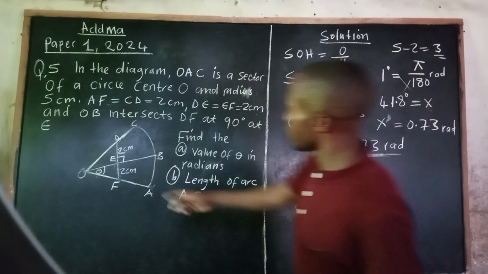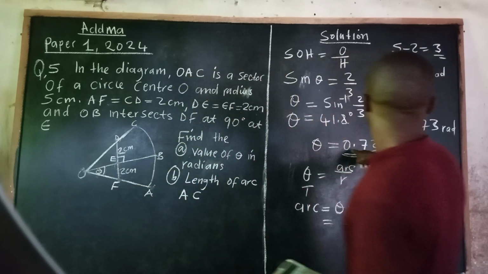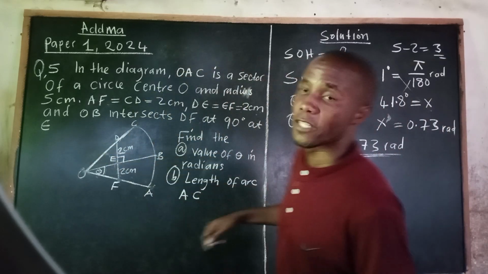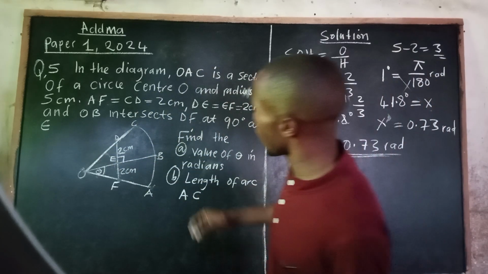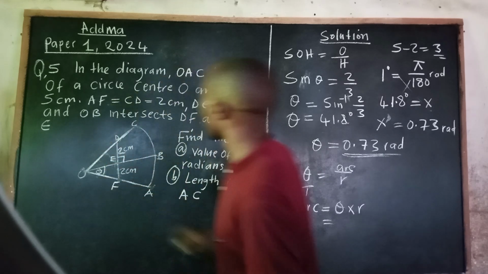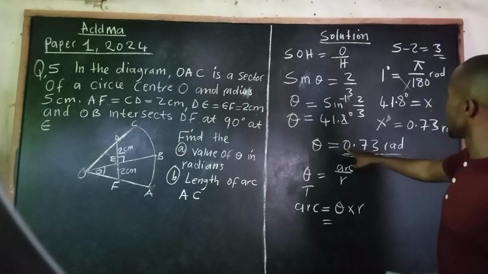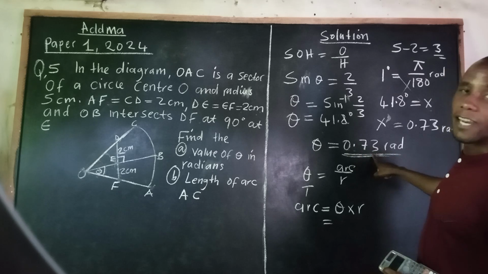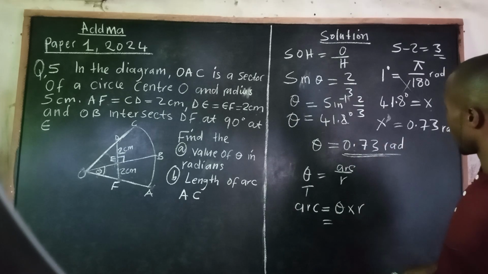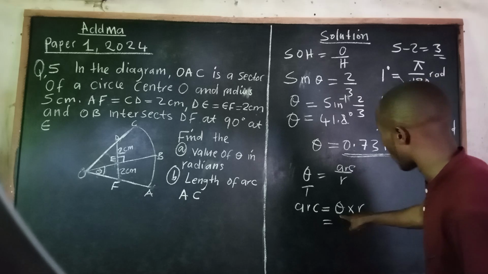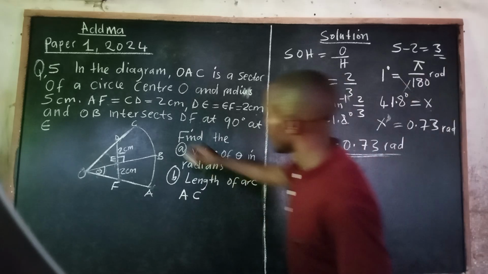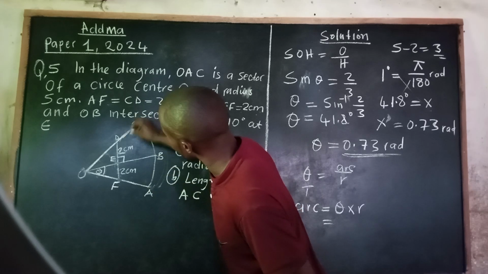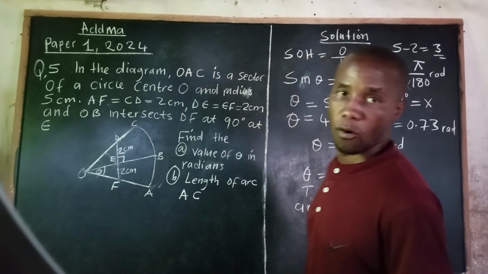So if here we have 0.73, this other one is also 0.73. So for us to find the whole theta here, we have to multiply this 0.73 by 2. That is the one we are going to use for theta, because the arc that we are looking for is cutting the whole of this angle.